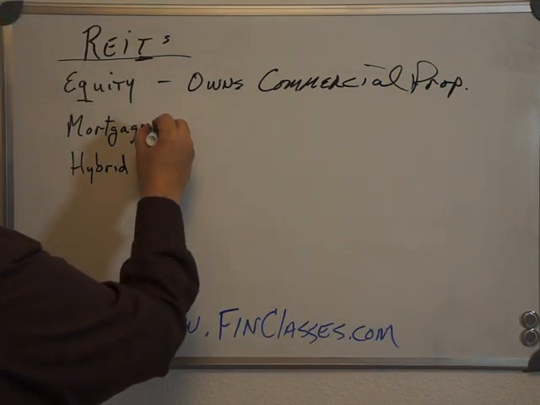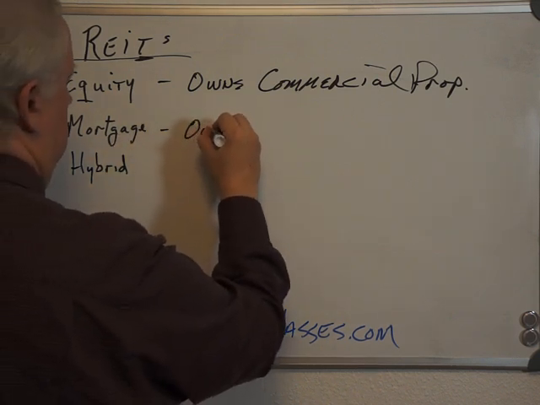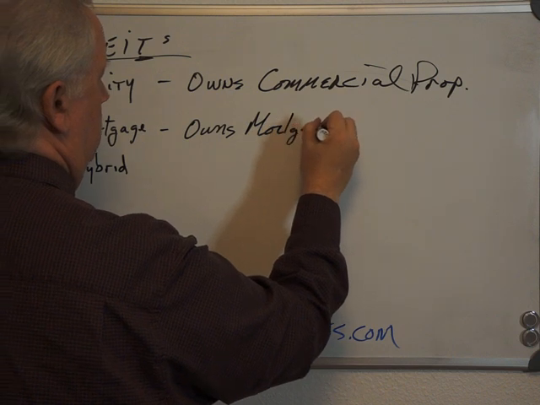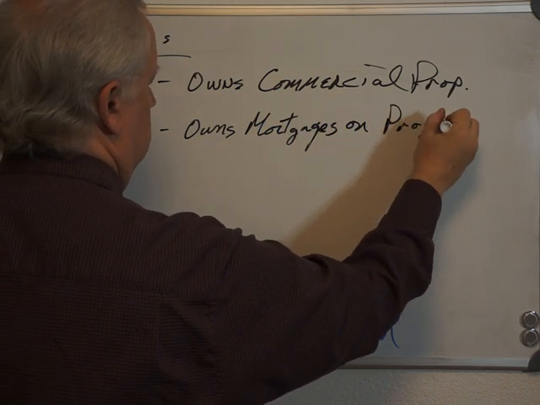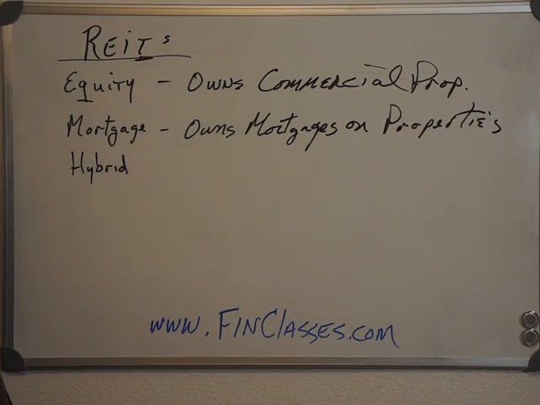A mortgage REIT owns mortgages on the properties. So it doesn't own the property itself. It buys up the mortgages.